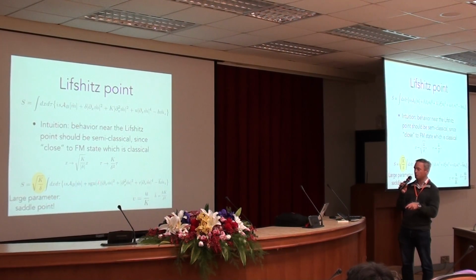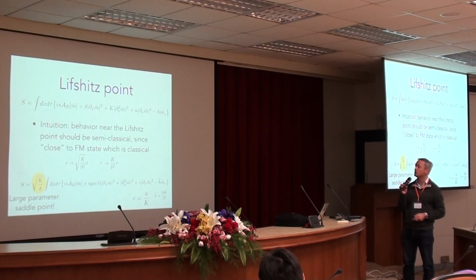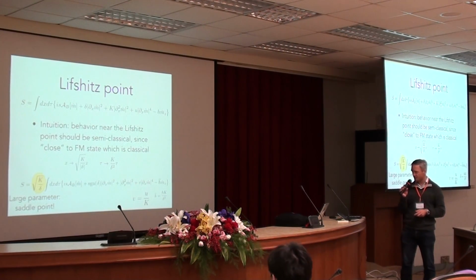The coefficient here is plus or minus 1, depending on whether we're to the left or the right of this Lifshitz point. This coefficient we made equal to 1, and then we just bring out this dimensionless ratio of these two fourth order terms, and we measure the field in some dimensionless units of delta squared over k.